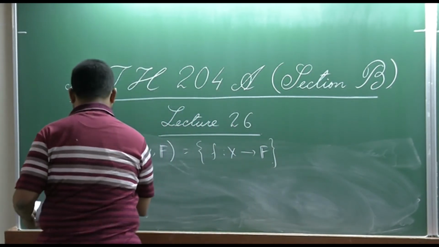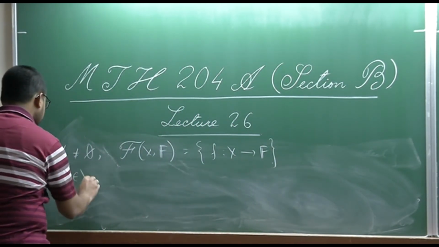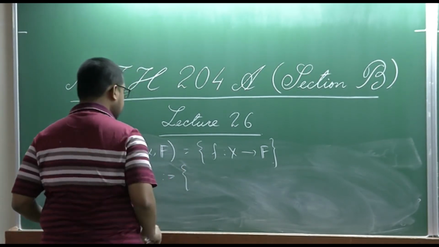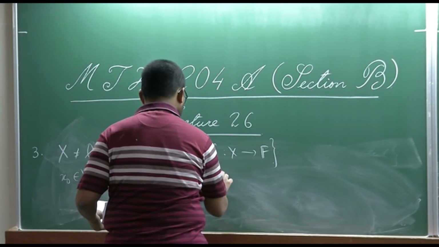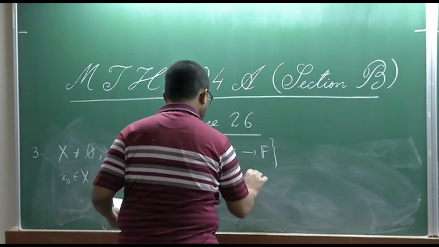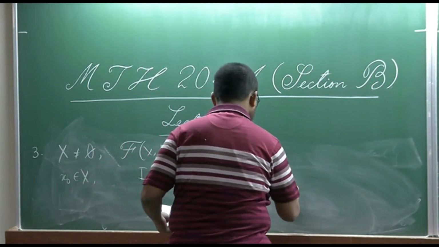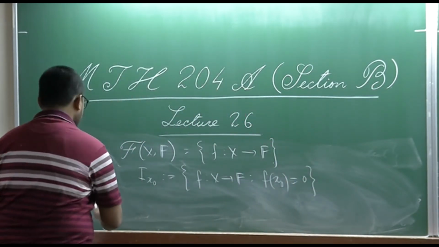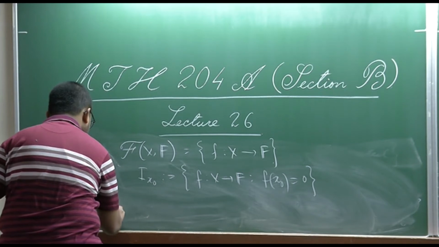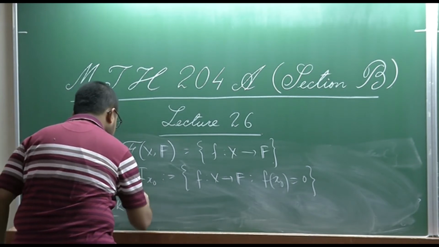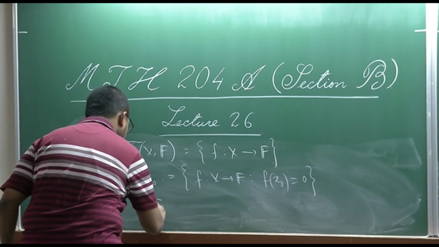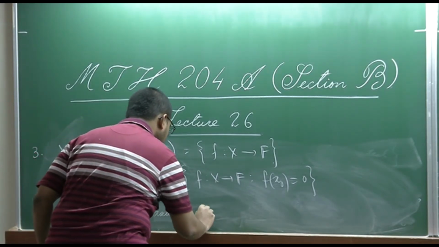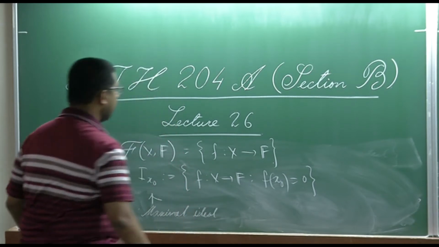And for any given x naught in X, define I x naught to be the set of all functions which vanish at the point x naught. Check, it is an exercise, this is a maximal ideal.